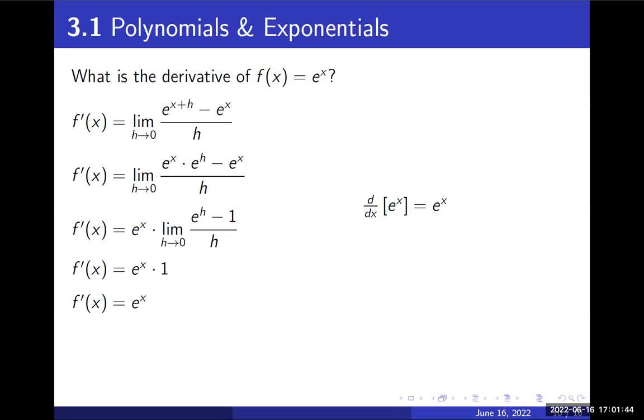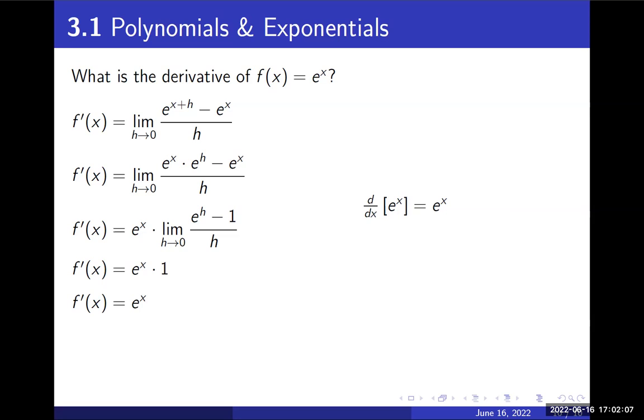Wow. Okay, so it turns out this isn't as big a coincidence as it appears, the way we have discovered this. It turns out that e to the x really was not an interesting function.